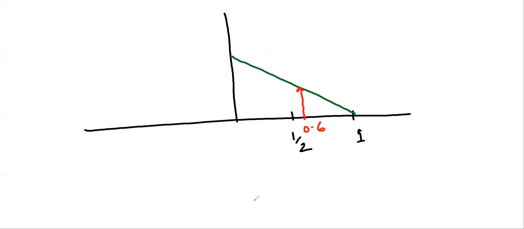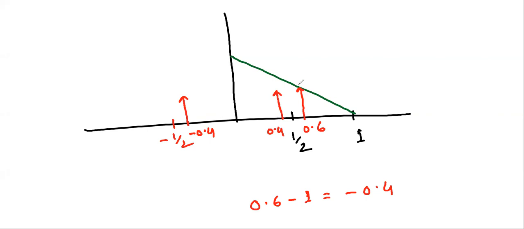So it will be shifted where? 0.6 minus 1 is minus 0.4. Where is that? Let's say this is minus half, so 0.4 is here. It will be shifted here, minus 0.4, and minus 0.4 is exactly equal to plus 0.4. So you can find that ultimately 0.6 is shifted to the 0.4 location.